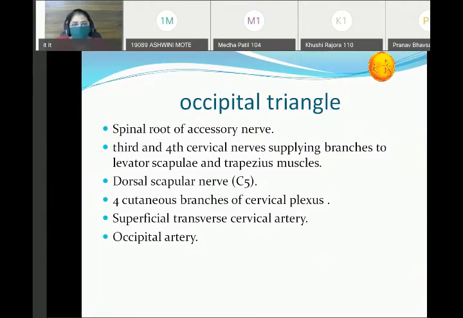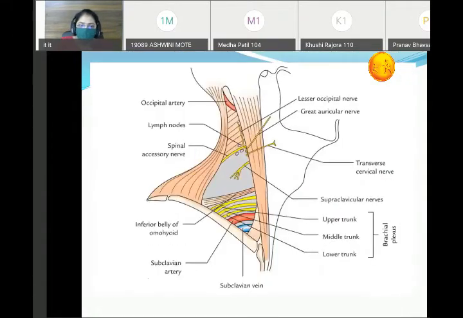Occipital triangle. Main content of the occipital triangle is the spinal root of accessory nerve, that is the 11th cranial nerve. So here you can see this is the spinal root of accessory nerve which runs from the middle of the sternocleidomastoid.